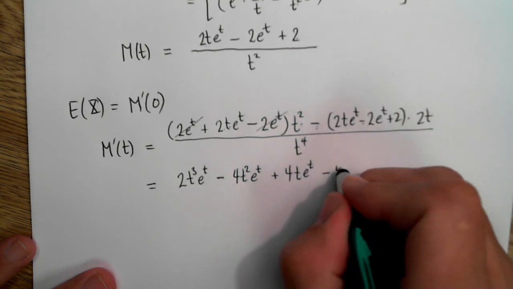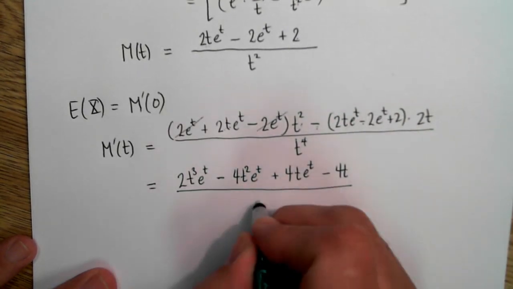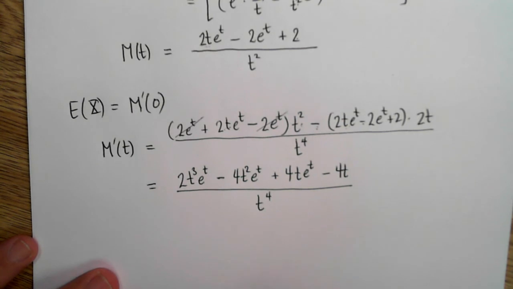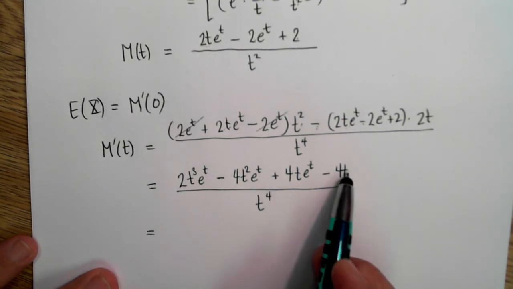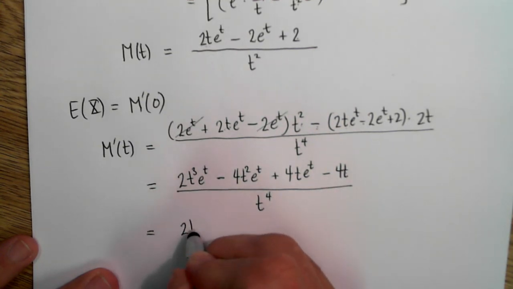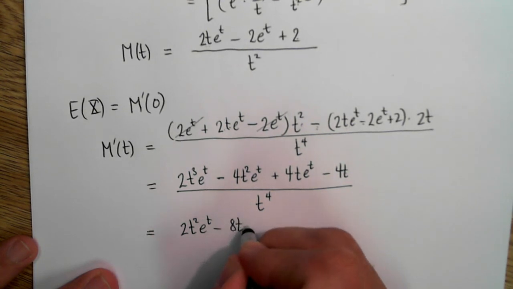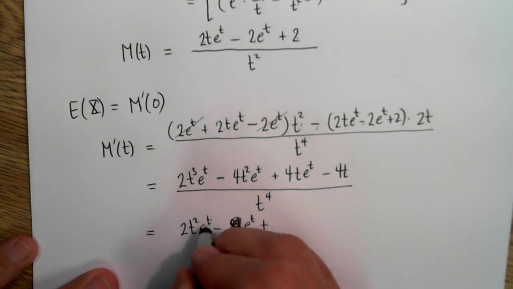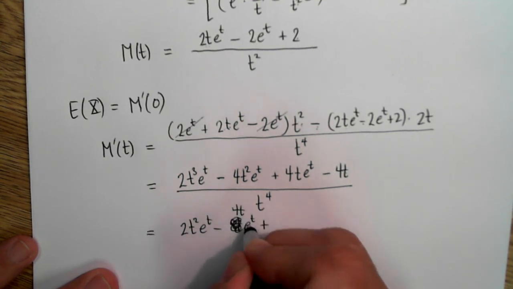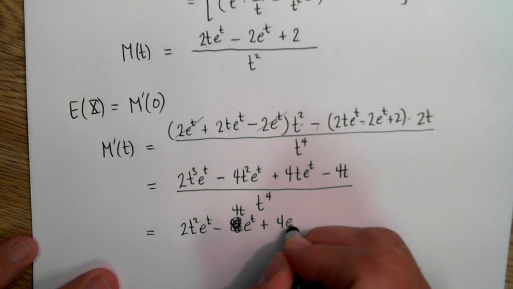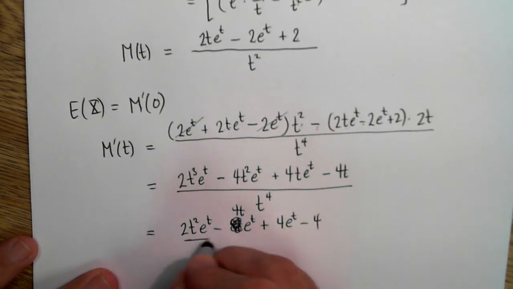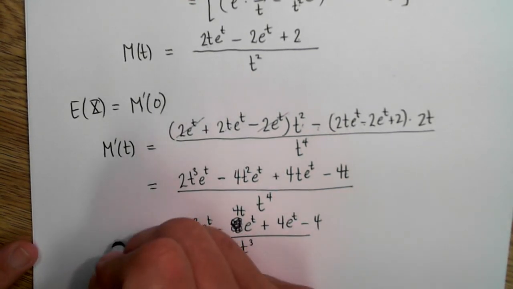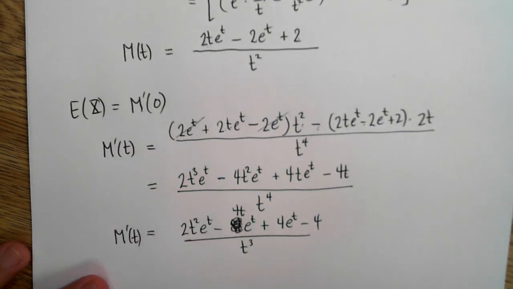Then minus 4 times t over t to the 4th. And I can simplify a little bit by canceling a t out, so I get 2t squared e to the t minus 2t e to the t plus 4t e to the t plus 4 e to the t minus 4, all over t to the 3rd. So that is the derivative of the moment generating function.